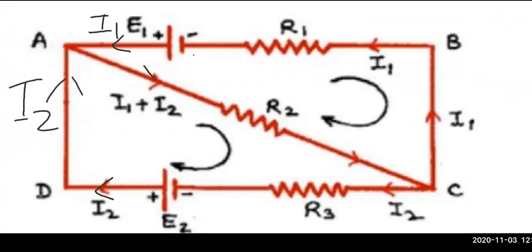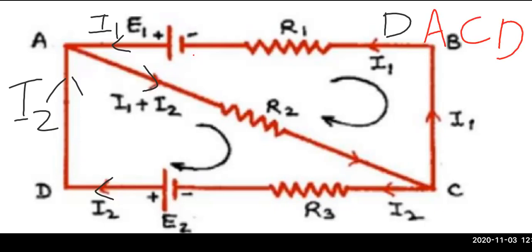They will combine and move from A to C. So the current in A to C is I1 plus I2. Now let us apply Kirchhoff's voltage law for loop number 2. Loop 2 we have considered as D, A, C, D.